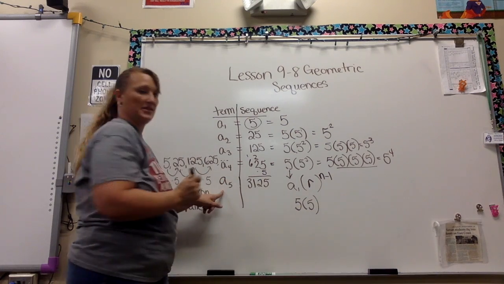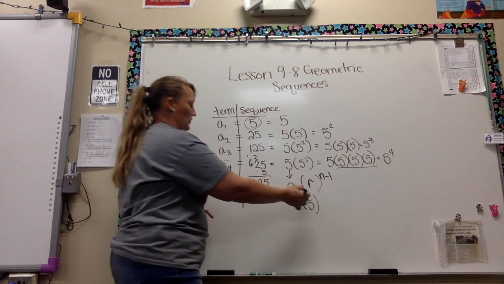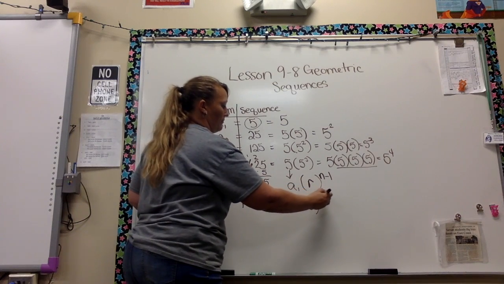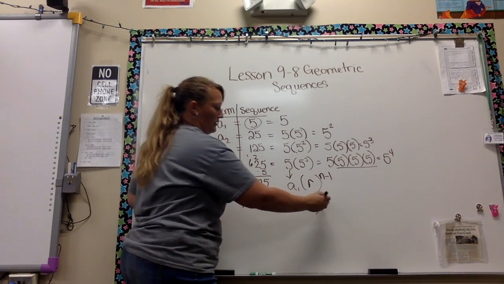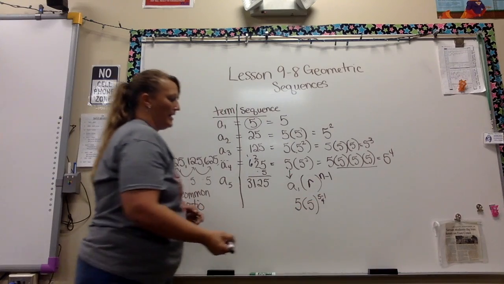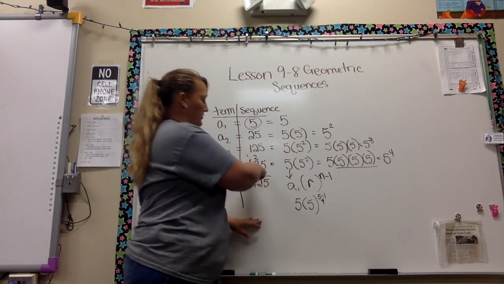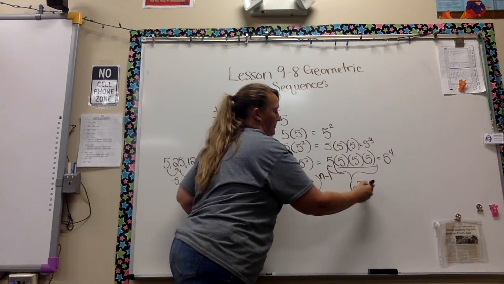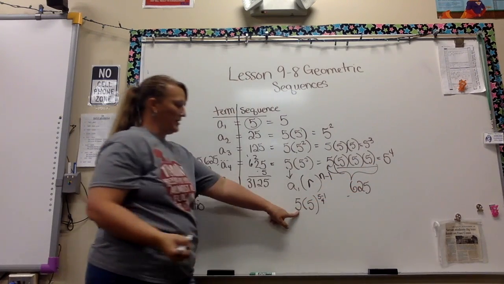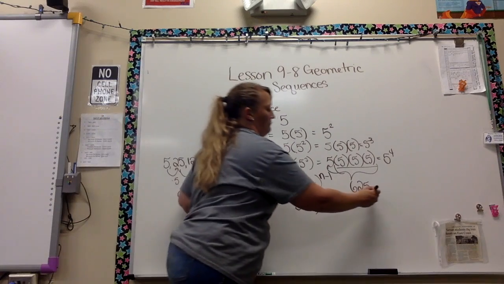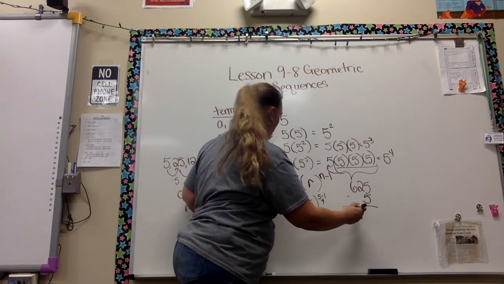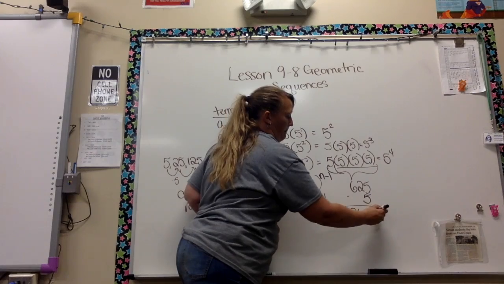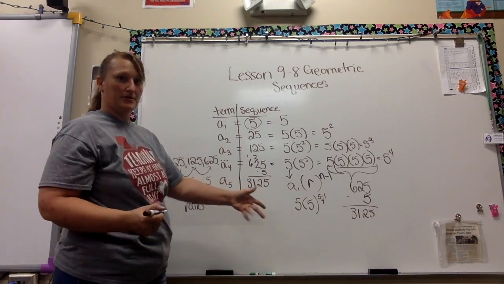So this should be 5 to the 5 minus 1, or to the 4th power. So 5 to the 4th power we know is already 625, right? And if you multiply that 625 times 5, you end up with 3125. So see how that works?